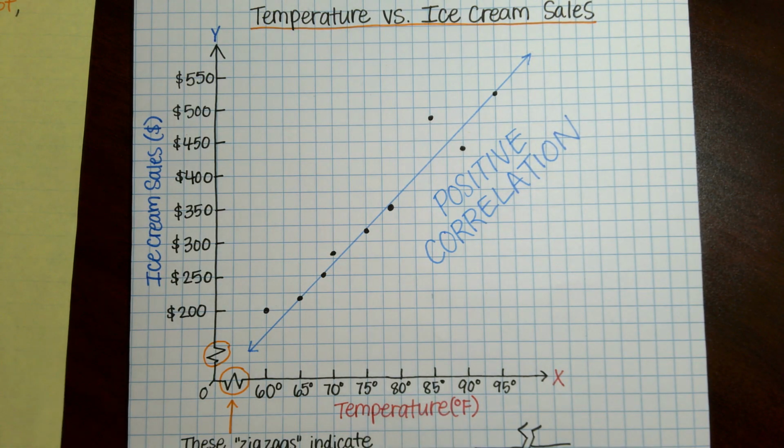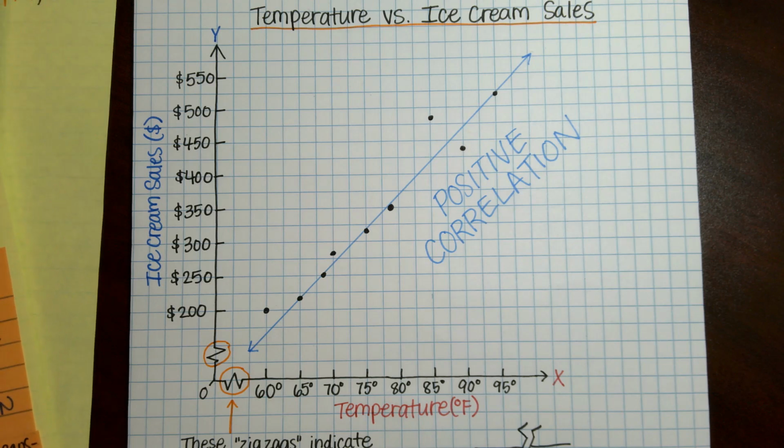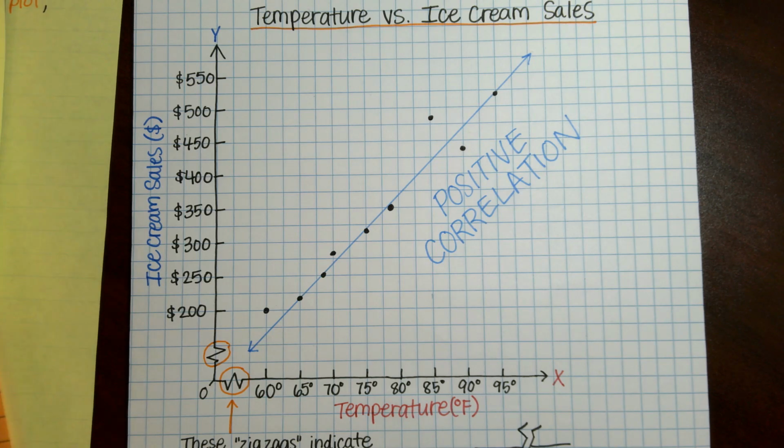They sure do. And we're going to talk about what that word correlation means. So just for now, I want you to know that that's what it's called, positive correlation.